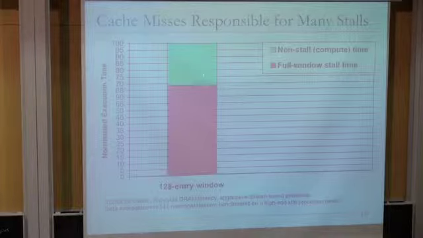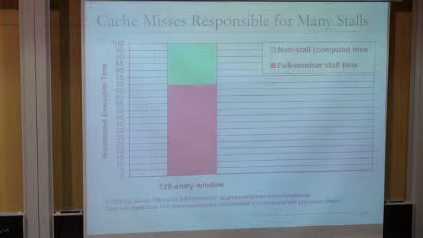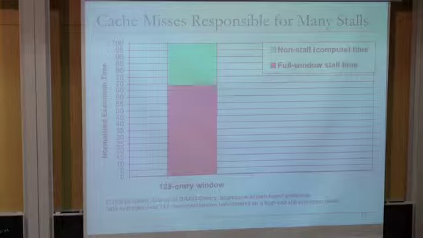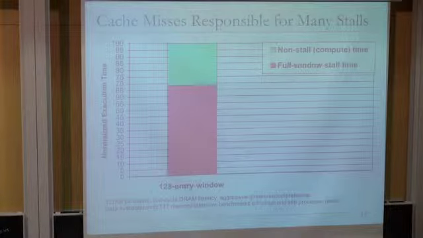I've broken down the execution time into 2 pieces here. Non-stall time and full window stall time. So if you look at this with, I think, 500 cycle memory latency, with some caching and actually some prefetching as well, what happens is only 30% or so of the time the processor is actually making progress, not stalling.